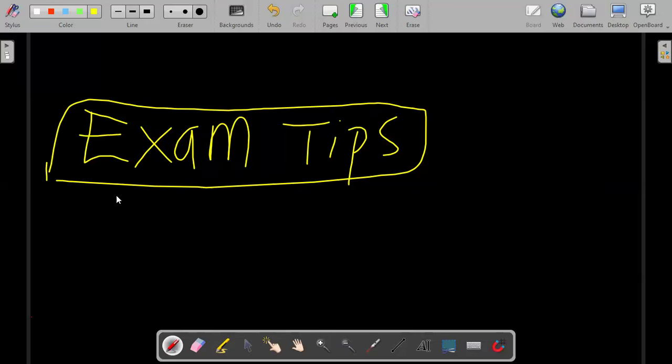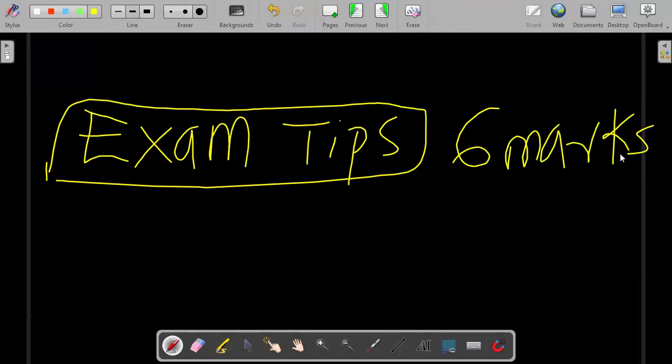Let's say for example they ask you to list and explain forces of ICT, maybe for 6 marks. You already know that. So what are they? First one is computers.